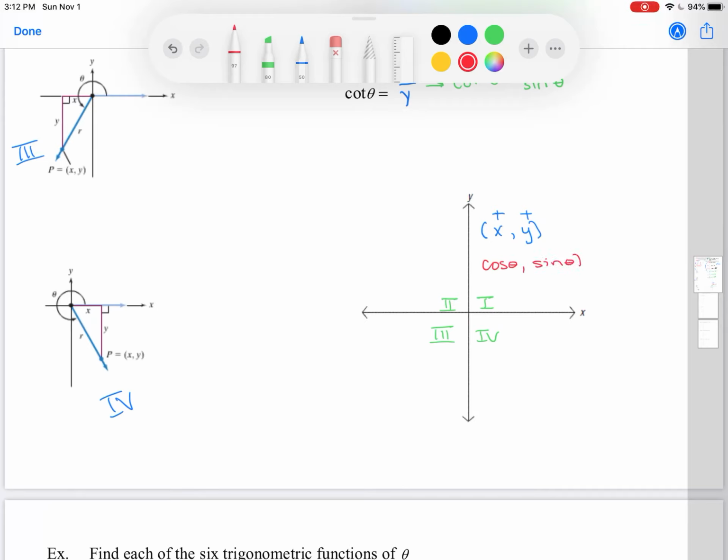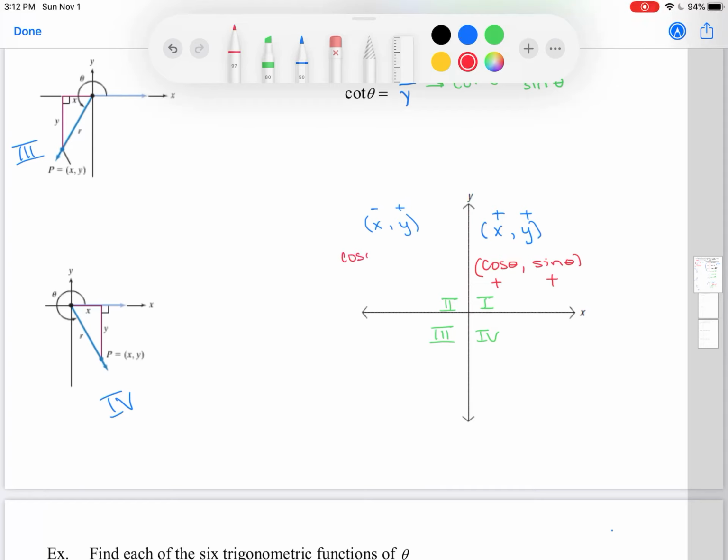Well, in that first quadrant, my x is positive, my y was also positive. Well, we're not talking about x and y's any longer. We're talking about cosine theta and sine theta. Same rule applies. If your x was positive in that quadrant, your cosine is still going to be positive. And if your y was positive, your sine will still be positive. So we're going to go ahead and do all 4 quadrants now.